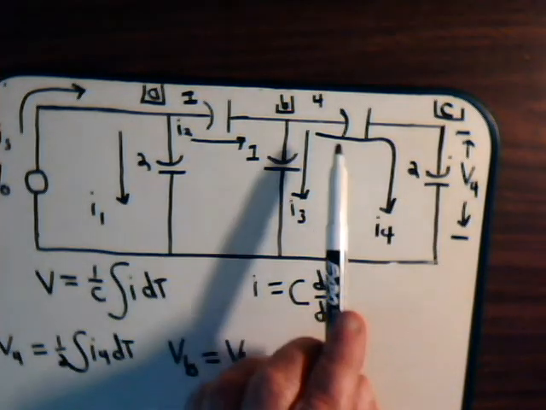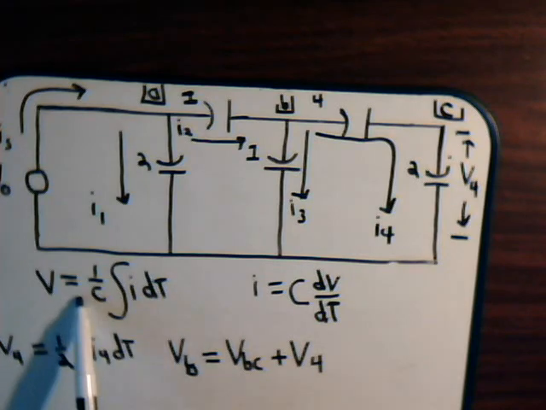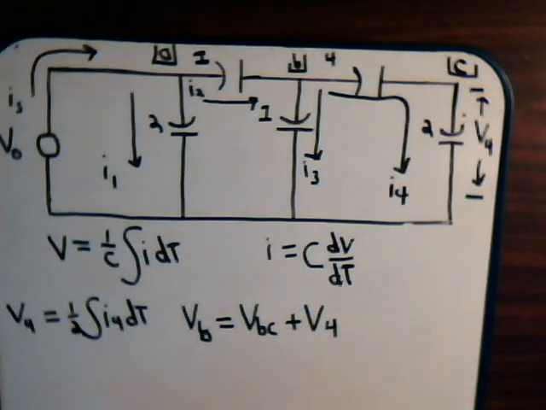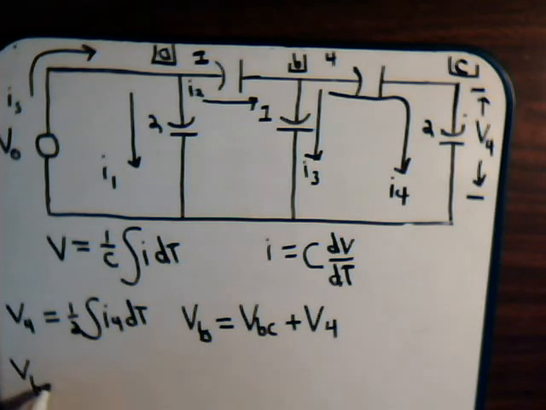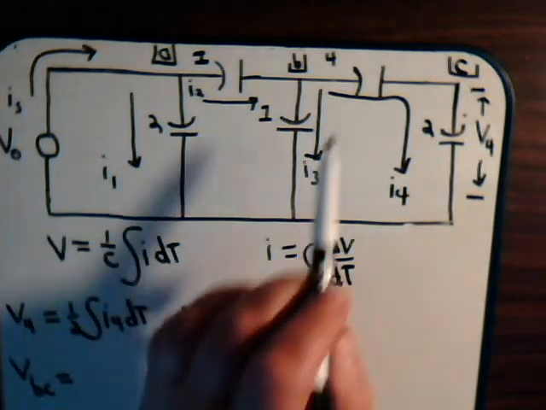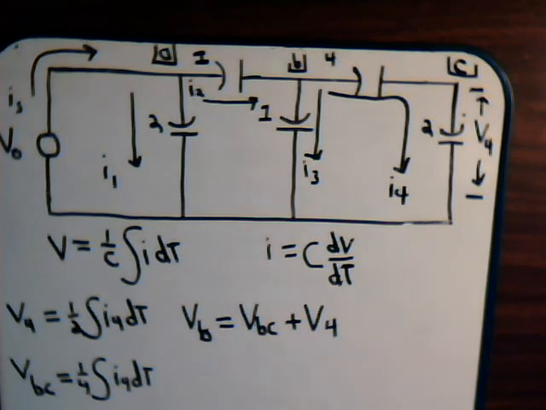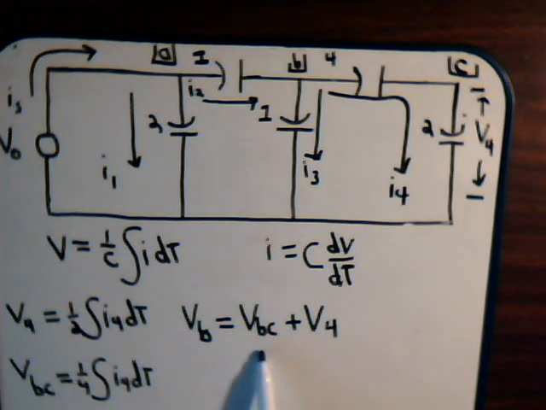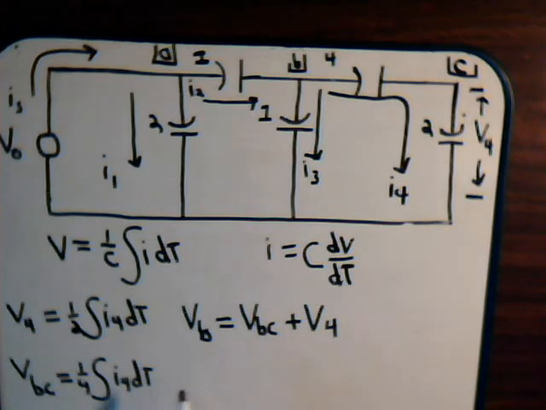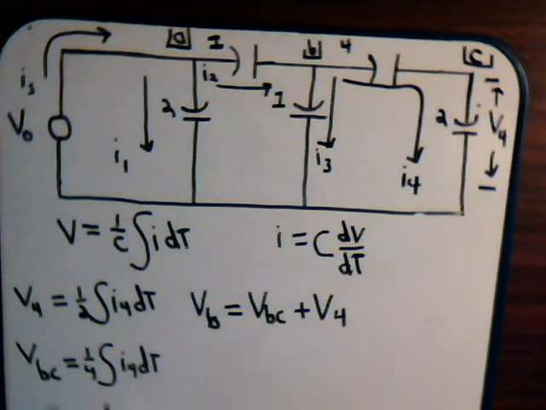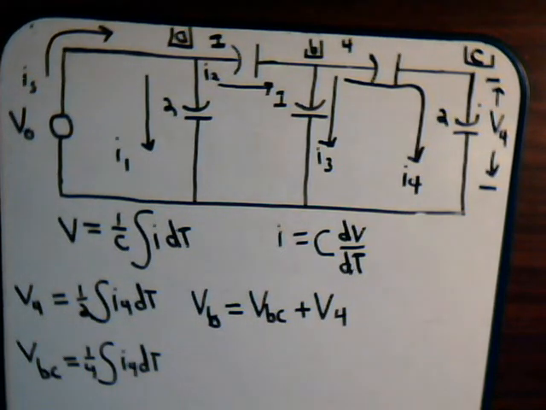So we can get a general expression for VBC, again, by using this equation. So VBC equals 1 over 4, the integral of I4 dt. So we know what this is, and we have a general expression for V4. So VB, that's this plus this, so we can get a general expression for VB. It'll be 3/4 times this integral.